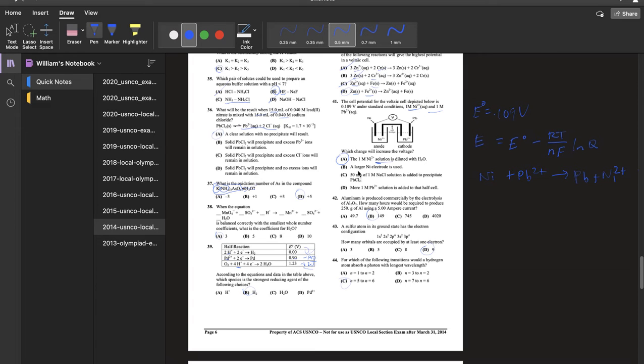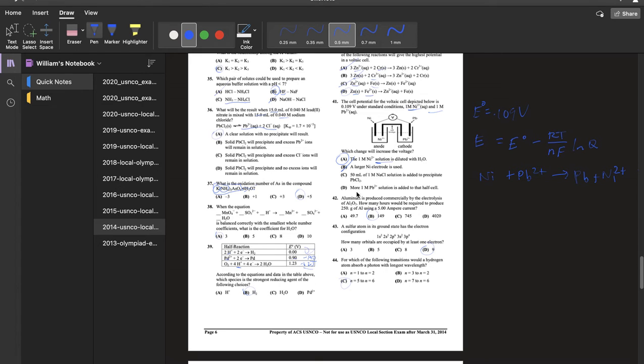So that decreases Q, makes E greater than E naught. I'll just go through the other choices for thoroughness. Larger Ni electrode is used. We don't see anything about the size of the electrodes in the Nernst equation, so get rid of that. NaCl is added to precipitate PbCl2.